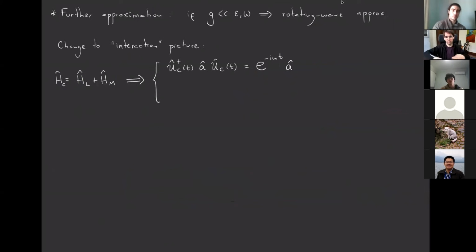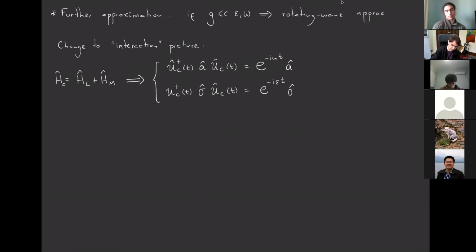So if you apply the unitary evolution associated to the Hamiltonian of light, this just gives you e to the minus i omega t. And if you do the same now onto the lowering operator of the atomic excitations, this gives you the same, but now with the atomic frequency. You can check this. It's very simple to check it just with the Baker-Campbell-Hausdorff lemma that we have used many times already.